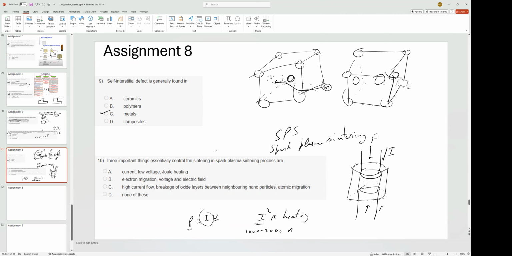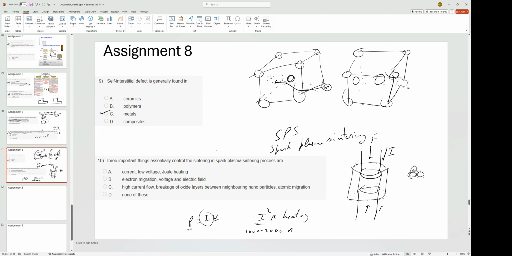And usually these nanoparticles have an oxide layer on top. There is this thin oxide layer on top of all these particles. But between these two nanoparticles, there will be sparking taking place.